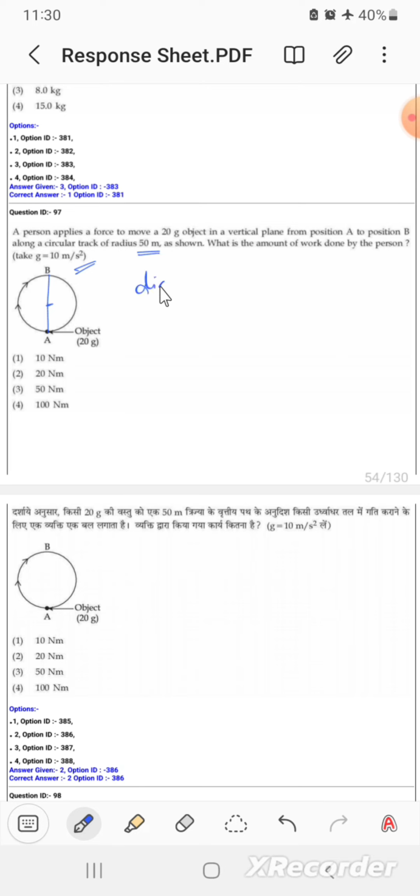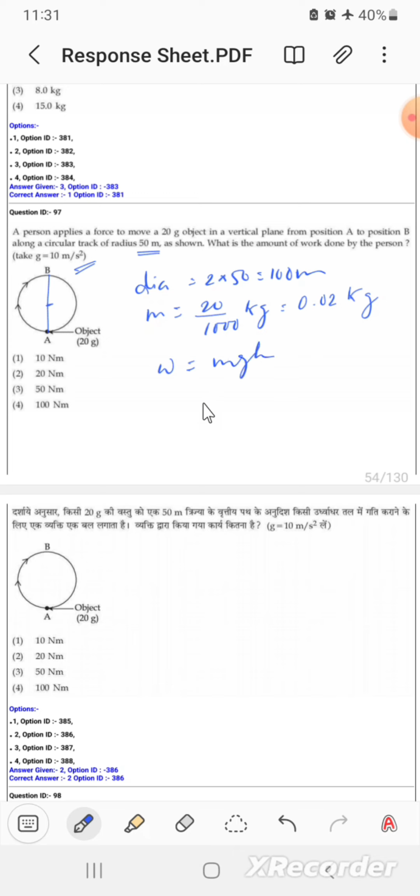So the diameter will be 2 into 50, that is 100 meter. Mass m equals 20 gram, means 20 by 1000 kg, or you can write 0.02 kg. And the work done W equals mgh. m is 0.02, g we have to consider 10, and the displacement here is 100.